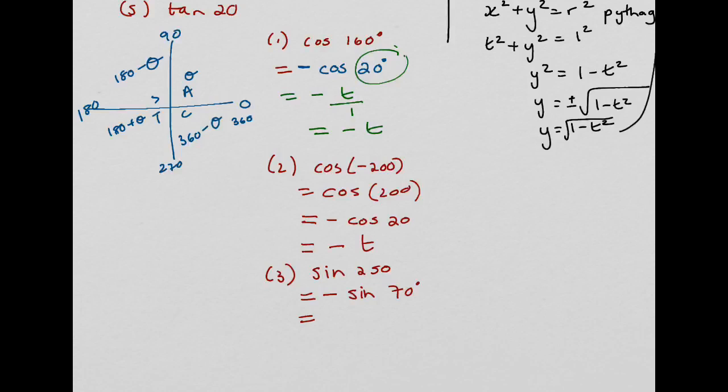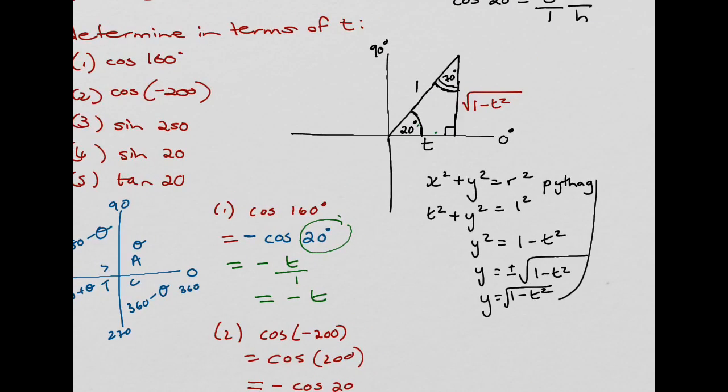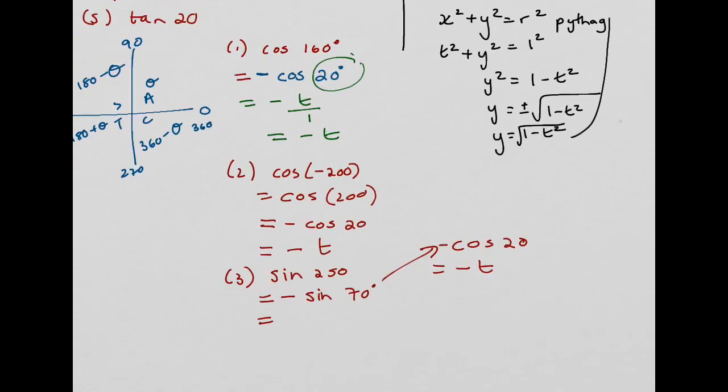You can either change this to cos 20, which is a co-ratio, so negative cos 20, and then use negative t, or you can go to your diagram and use 70 degrees. So from 70, sine is going to be opposite over hypotenuse, which is going to be t over 1, which is still negative t in this case.